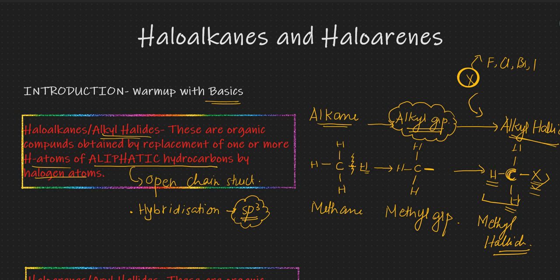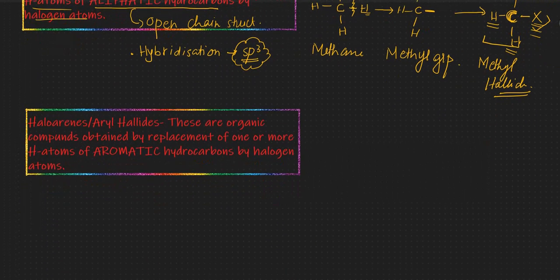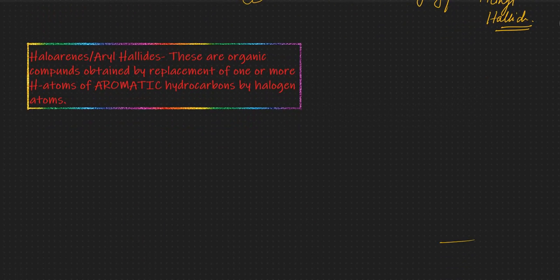Moving on to our next definition, we have haloarenes. These haloarenes are also called aryl halides. The concept is the same here. When we remove a hydrogen atom from an alkane, it becomes an alkyl group. Similarly, if you have an arene and you remove a hydrogen atom, it is an aryl group.